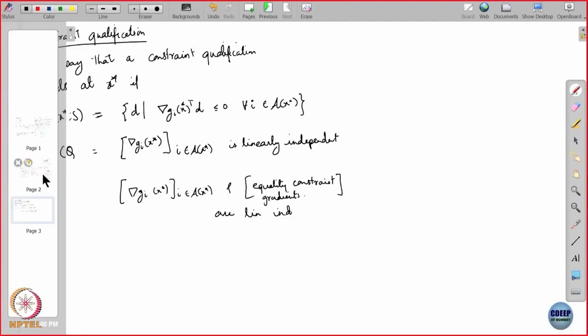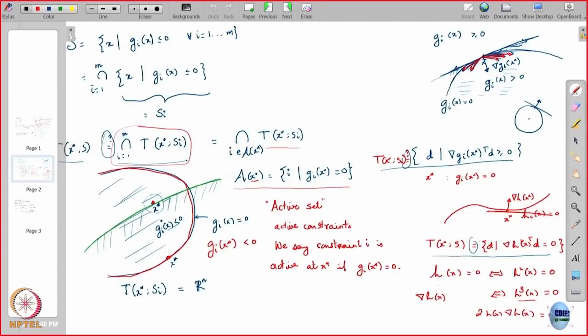One example, in the previous slide, was a constraint like h of x equal to 0, which is the same as h square of x equal to 0, h cube of x equal to 0, and so on. If you look at the gradients of h square, h cube, etc., these will necessarily end up being 0 on the constraint, because you will get 2h of x times gradient of h of x, 3h square of x times gradient of h of x, and so on. Being 0 means you will have a problem, because you cannot have a 0 vector in a linearly independent set. So this prevents these kinds of cases from happening.